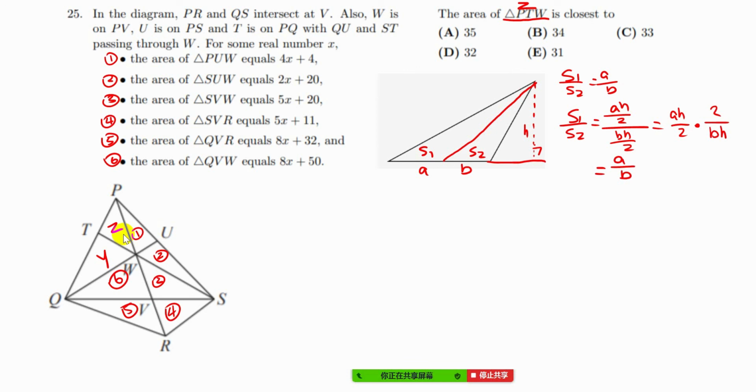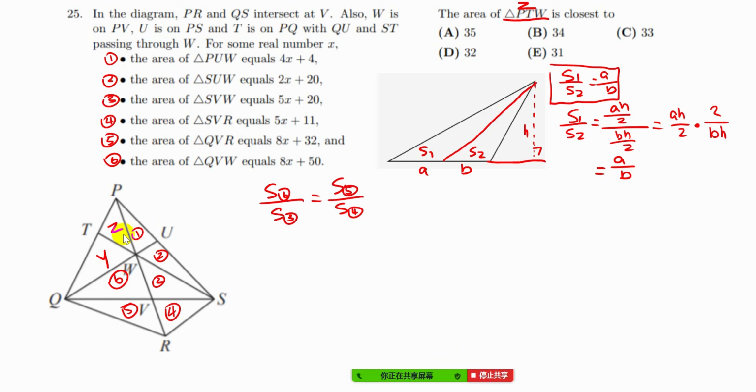So we can use this in our diagram over here. We know that if two triangles have the same line segment as their base and have the same height, then we can use this equation over here. And then we just look for those in the diagram. So the first one we can find is S6 over S3 equals S5 over S4.